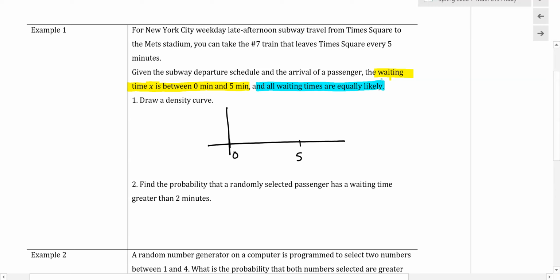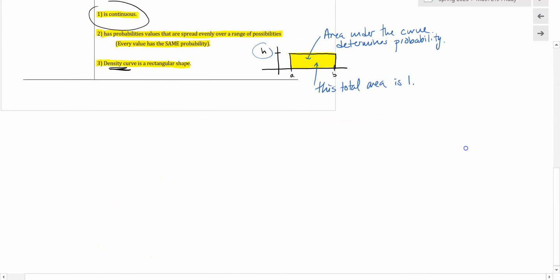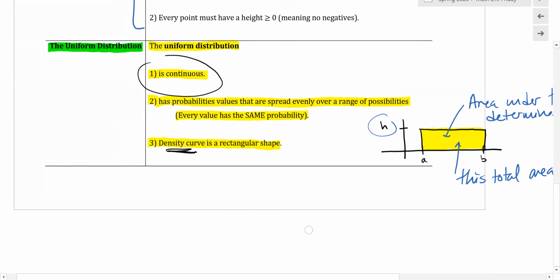Before I jump into it, we should verify that this is actually fitting the uniform distribution. If you look back at the previous page, to follow the uniform distribution, it had to be continuous. Ours is, because there are infinitely many wait times between 0 and 5 minutes.